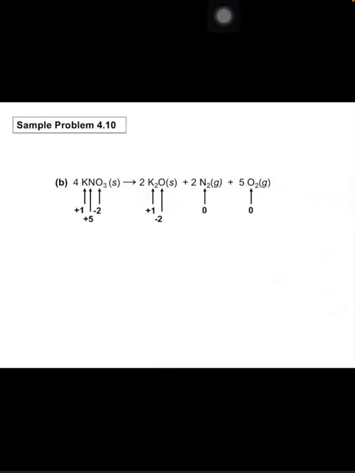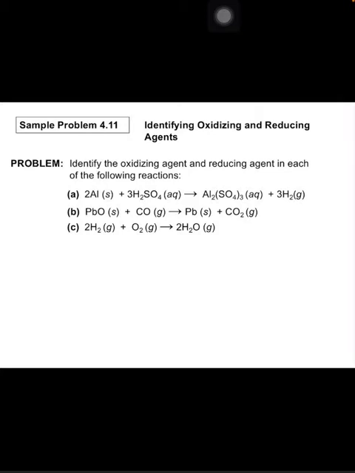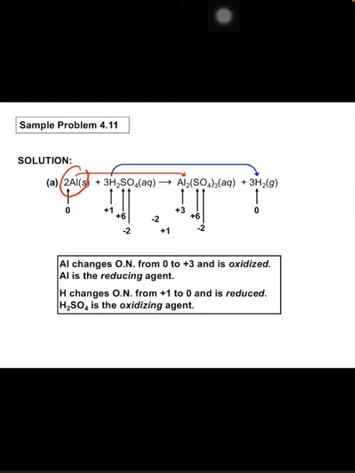Dia tak berubah. Contoh yang mana you have a redox reaction adalah contohnya kalau kita tengok yang ni. 2 aluminium reacted with 3 mole of H2SO4 to produce aluminium sulfate dan juga hydrogen gas. Okay, so clearly kita tengok aluminium dekat sini, dia punya initial oxidation number adalah 0.